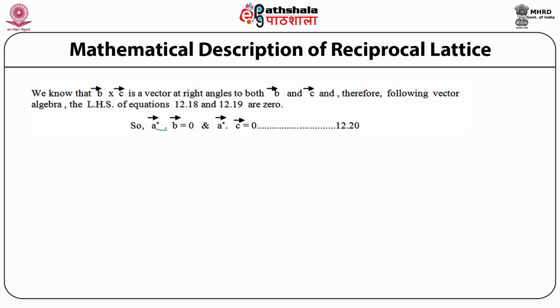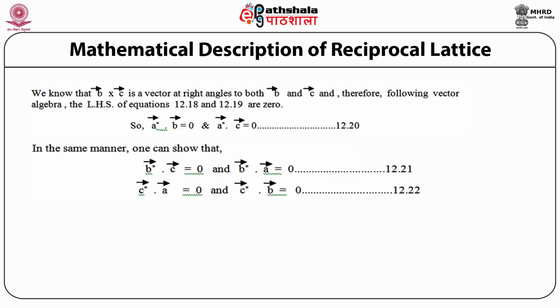We know that b vector cross c vector is a vector at right angles to both b vector and c vector, and therefore following vector algebra, the left-hand side of equations 12.18 and 12.19 are 0. So, a* vector dot b vector is equal to 0 and a* vector dot c vector is equal to 0, which is referred to as equation 12.20.